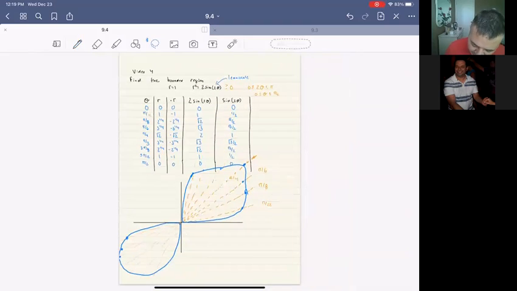Let's make all this, oh, this is terrible. One more try. There we go. Now I need to make that circle bigger, actually.